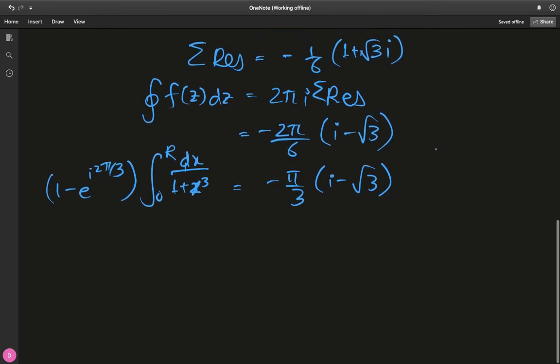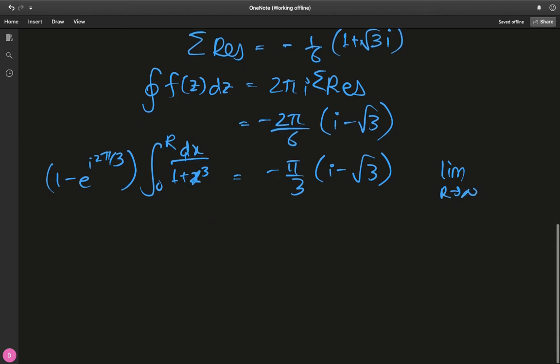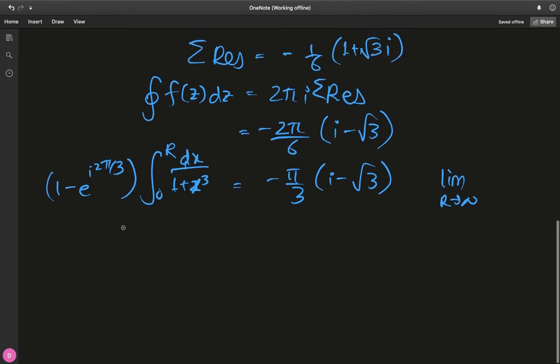So if we take the limit as r tends to infinity for the gamma path, r going to infinity, we have dx over 1 plus x cubed, which is nothing but I. So I is nothing but 1 minus e to the i 2 pi over 3 times minus pi over 3 i minus square root 3.